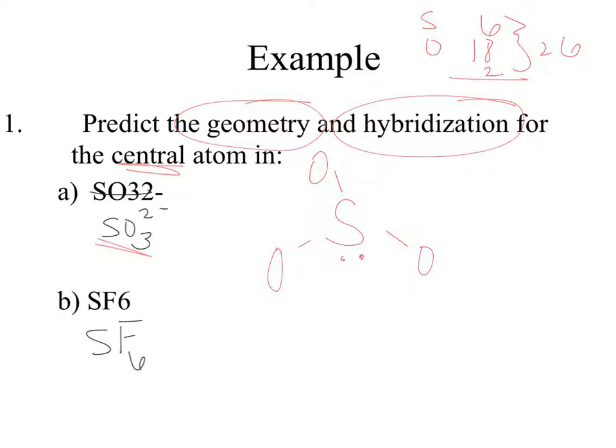Something's going to be funky here. Okay, so we'll try this. So I have 6 electrons, 12, 18, 20, 22, 24, 26.